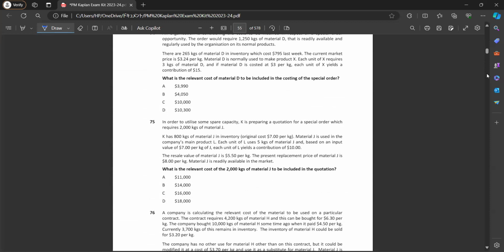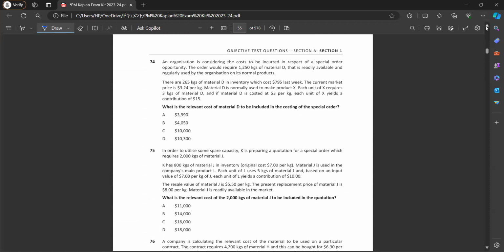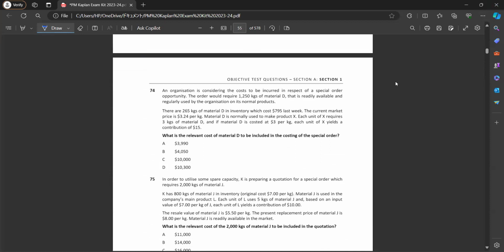Question number 74. An organization is considering the cost to be incurred in respect of a special order.